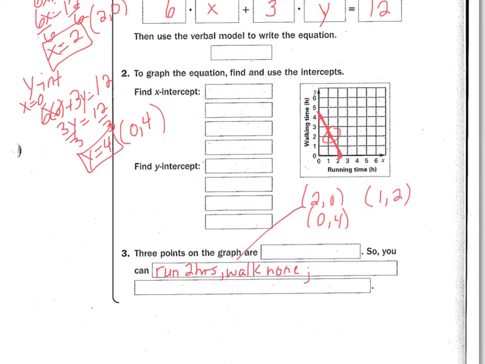If X is 1, you can run 1 hour. The 2 is going to be walking 2 hours. Or the 0, 4 means you can run none and walk for 4 hours.